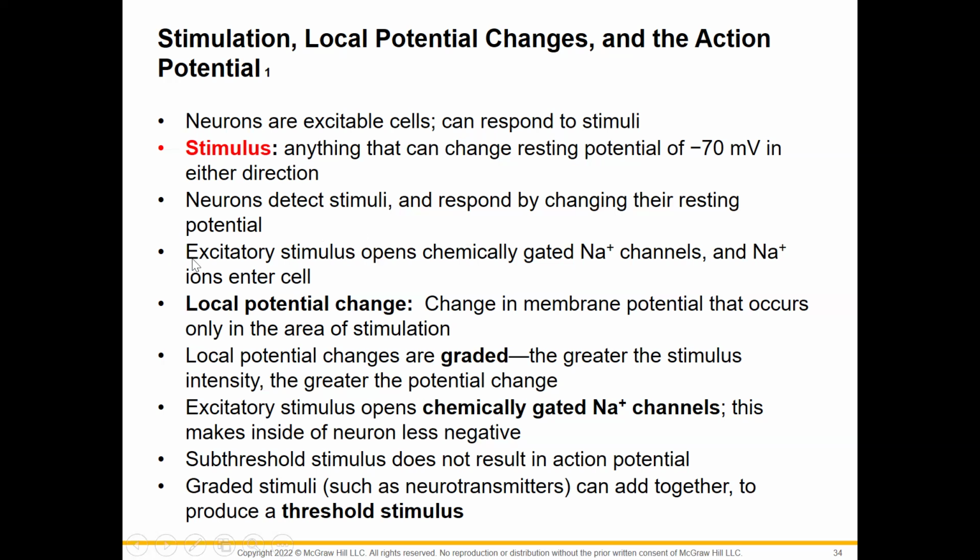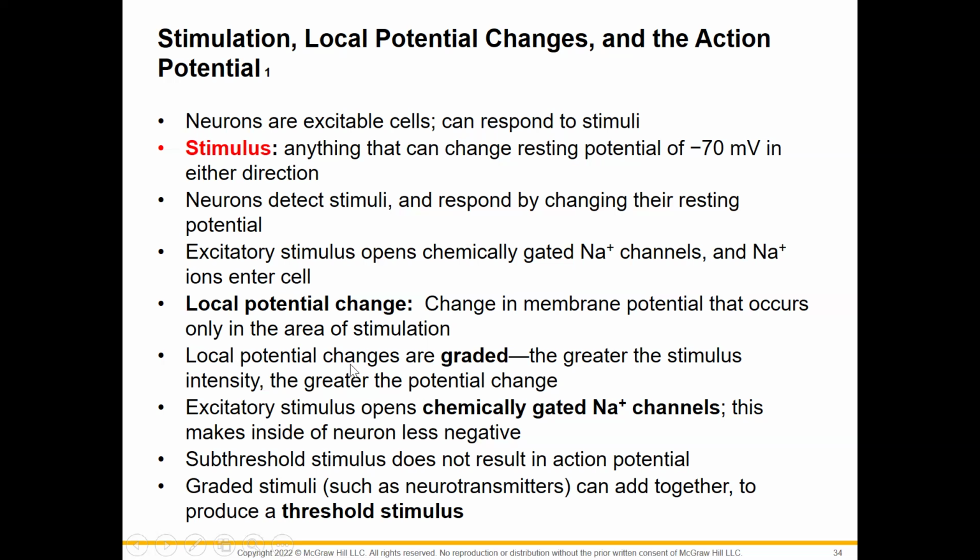The excitatory stimulus will open the chemically gated sodium channels and sodium ions will enter the cell. So if you have an excitatory stimulus, that is going to open up the gate, and that is going to change the membrane potential in that particular area.